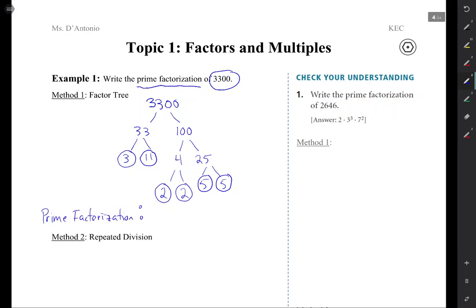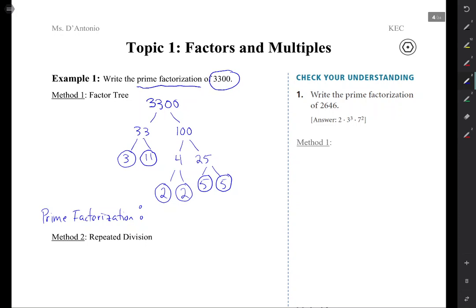So when we write down the prime factorization, all we're going to do is we're going to multiply together all of these circled numbers. And you'll see when we multiply all of these circled numbers together, it'll equal 3,300. And yes, you could probably use a calculator to do that, but we aren't going to be using calculators in this unit.